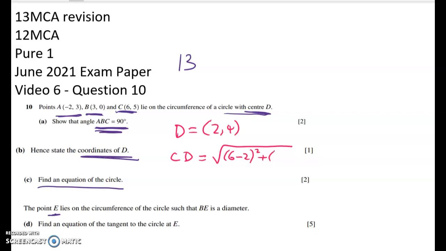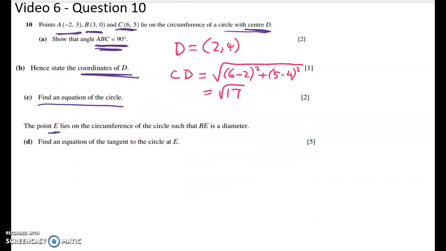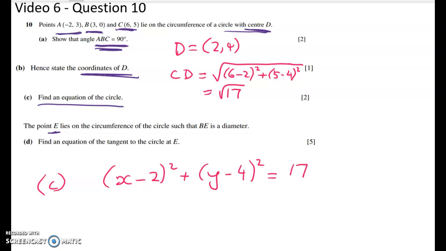So (6 - 2) squared plus (5 - 4) all squared, which gives me the square root of 17. And that means that my circle equation for C, well, I need to have the centre of the circle. So it's going to be (x - 2) squared plus (y - 4) squared is equal to the radius squared, which is 17. And that's as far as you need to take that one.